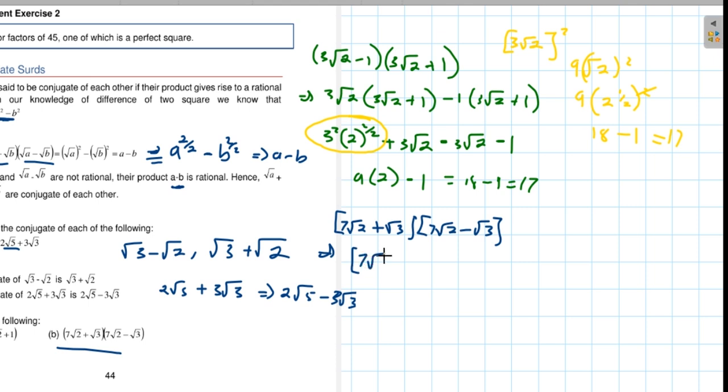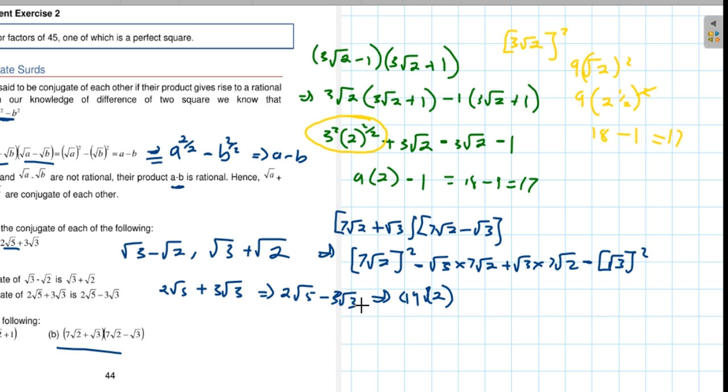Now this is 7 root 2 squared, then this is going to be minus root 3 times 7 root 2, plus root 3 times 7 root 2. This times this, then this times this, then this will be minus root 3 squared. So what do we have here? This is going to be 49 multiplying 2, because this is going to cancel this.